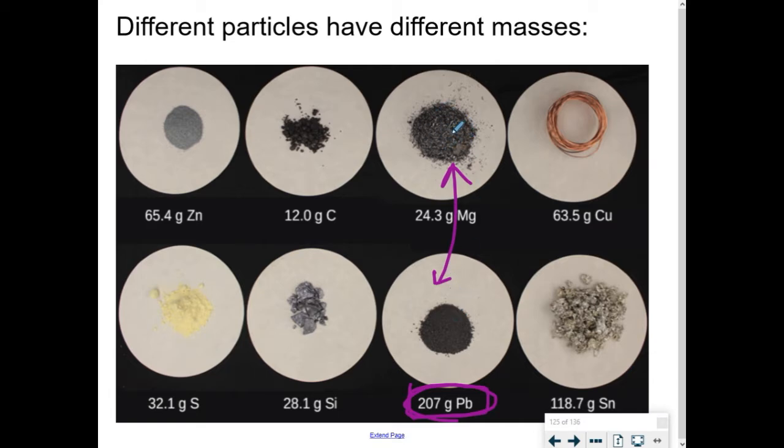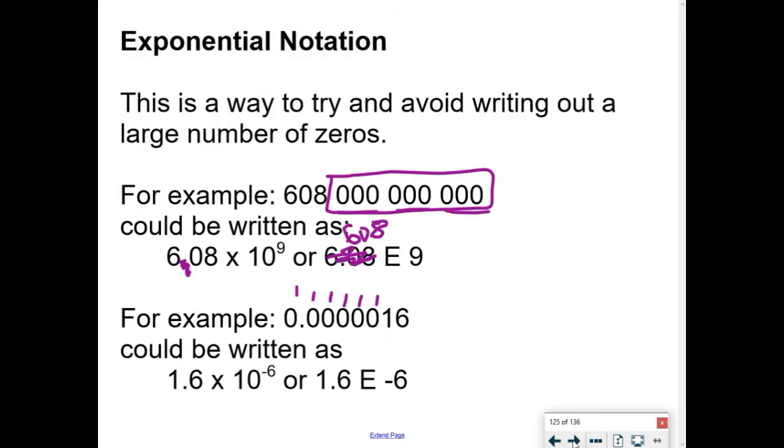And yet, although there are an equal number, or at least roughly equal number of particles, this bottom one weighs more just because they're heavier. There's more stuff stacked inside those particles. A lead nucleus has 82 protons. Magnesium only has 12.